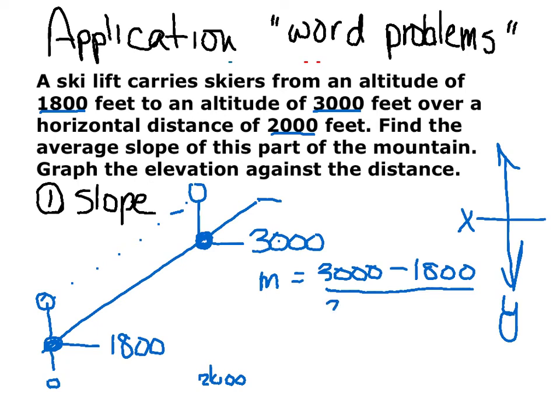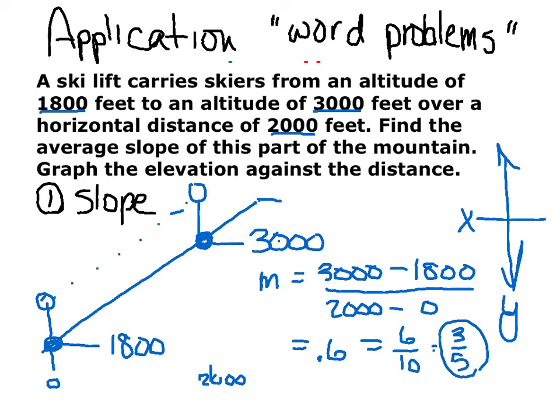You have to be consistent. If you do the math here, you actually get 0.6 in your calculator, but slope has to be in fractions. So either hit your math frac button or do 0.6 is 6/10, which equals 3/5. That is your slope.